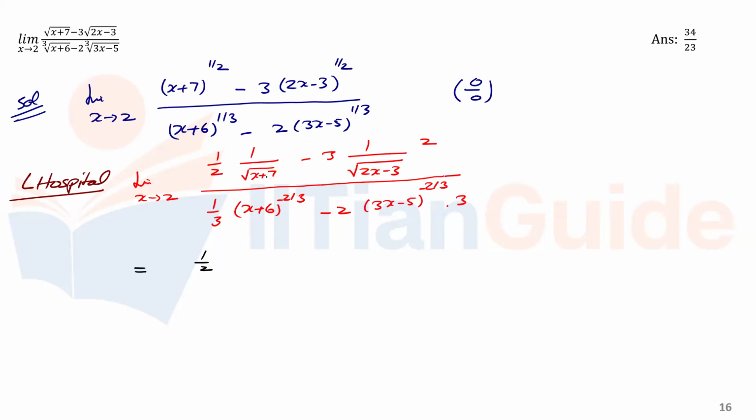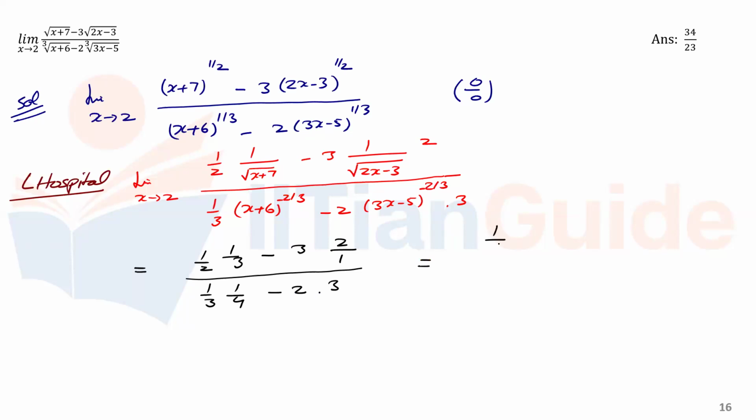If I put x to be 2, 2 plus 7, 9, that gives me 1 by 3. Minus 3 is there, 2 is there, and if I put x to be 2, 4 minus 3, that is 1. In the denominator, I am having 1 by 3. If I put x to be 2, 2 plus 6, 8, that gives me 1 by 4. Minus 2 is there. 6 minus 5, that is 1. Okay, now I'm taking the LCM.